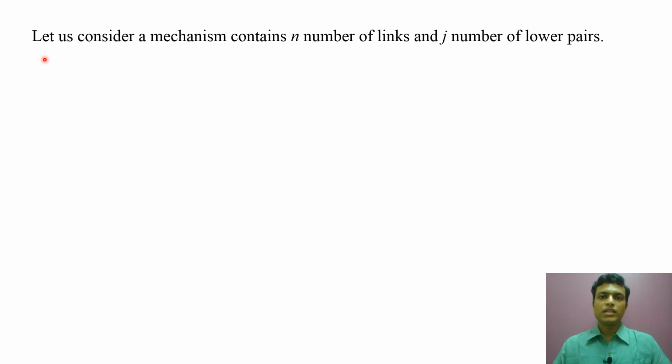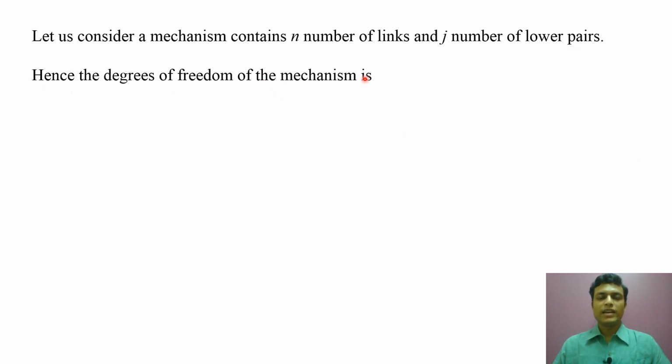So with this concept, let us develop an equation for a planar mechanism which contains n number of links and j number of lower pairs. The degrees of freedom of the mechanism having n number of links and j number of lower pairs is f equal to 3 into n minus 1 minus 2j.